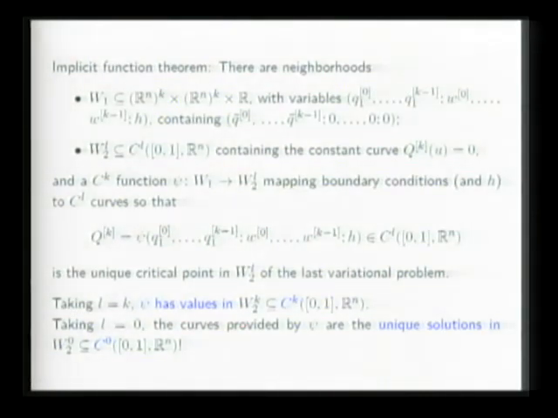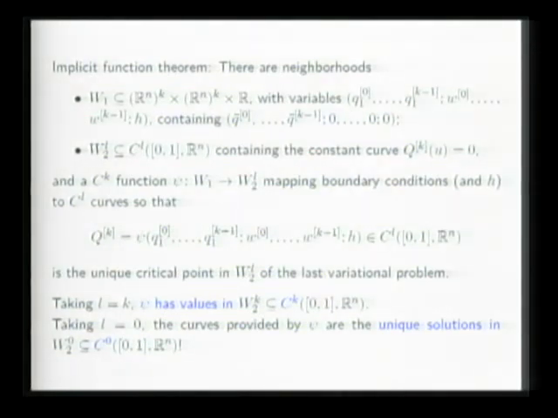So if you take L equal K, you obtain that this function implicitly defined here, this psi, has values in WK, which is inside the CK curves. So you know that your curve will be CK.